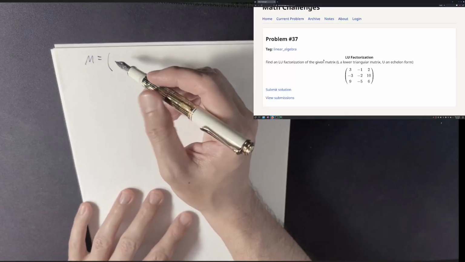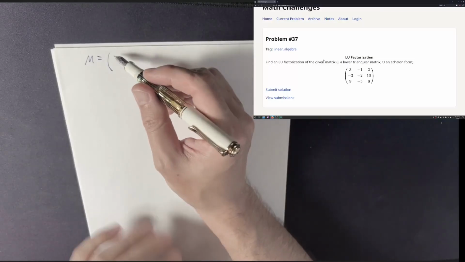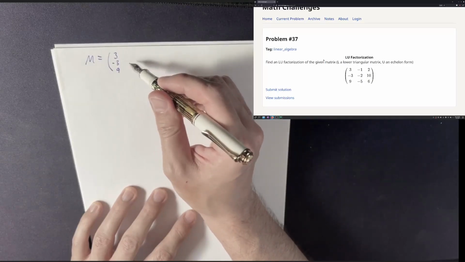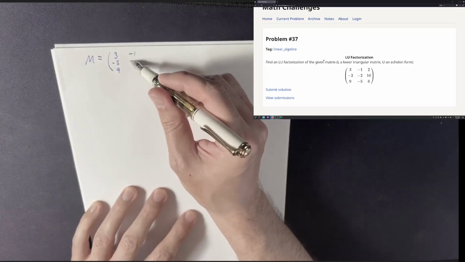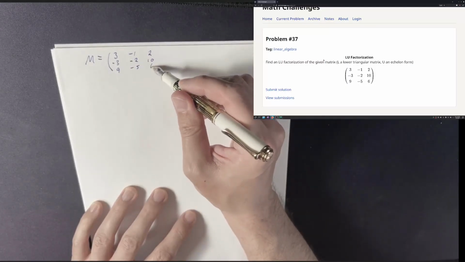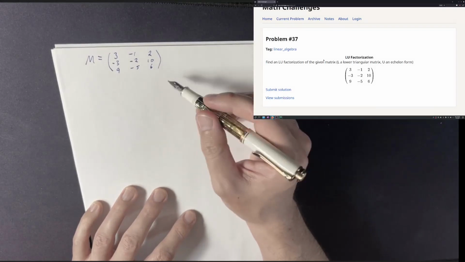It's kind of in the name. There's a couple ways to do it. So here's my original matrix. We're trying to reproduce this.